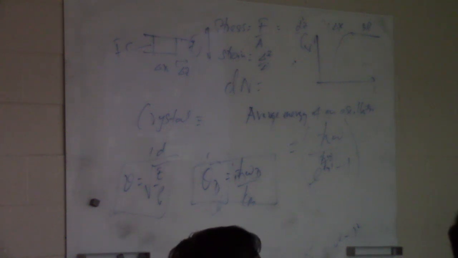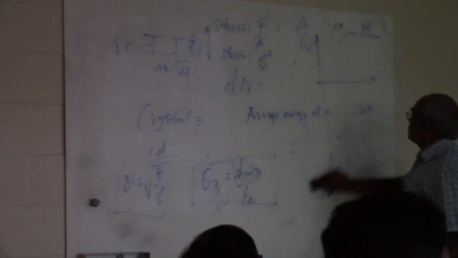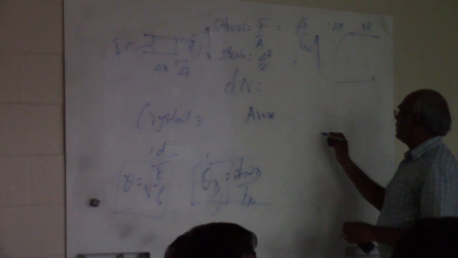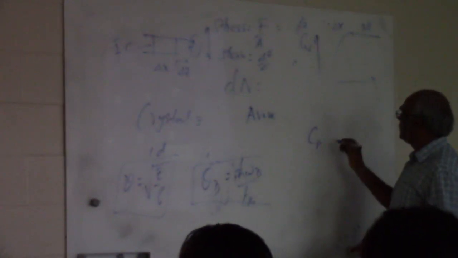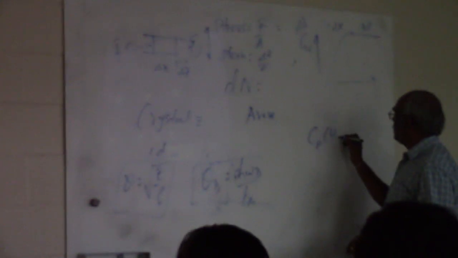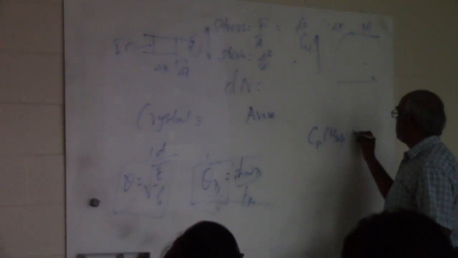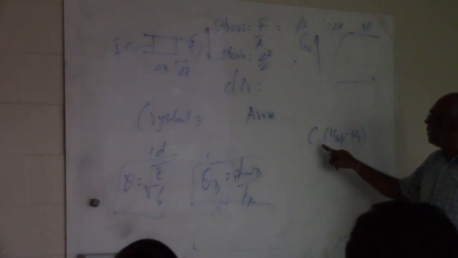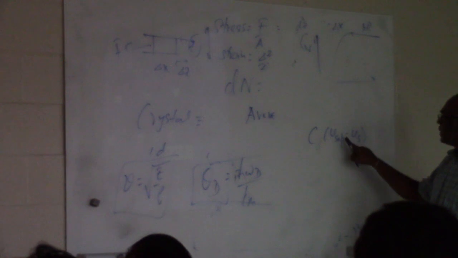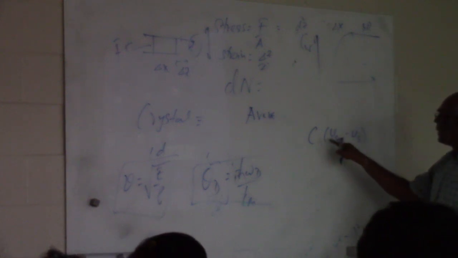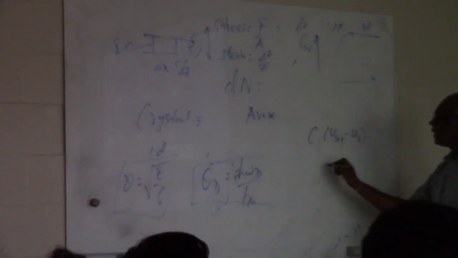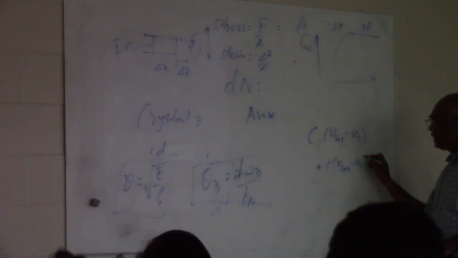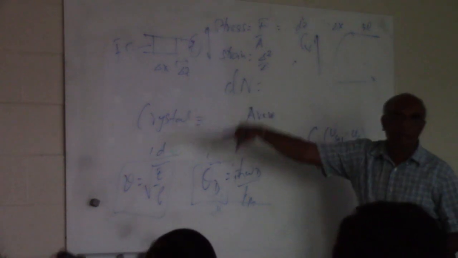So that means I can write the total force as the force constant times, for the pth atom, u_{s+p} minus u_s, right? It can be the first atom, S plus 1, and then from the next one I get u_{s+2} minus u_s, right? But you have the other side also.